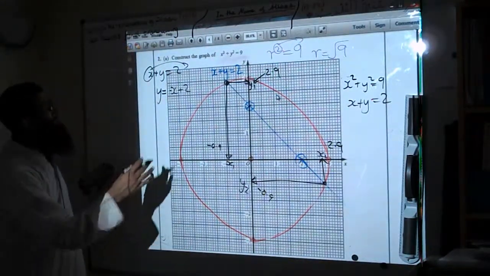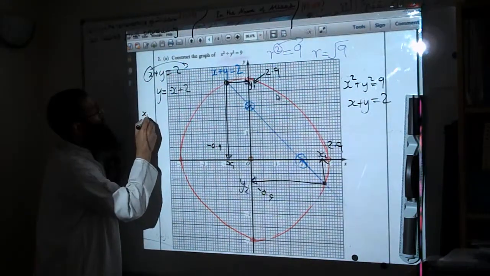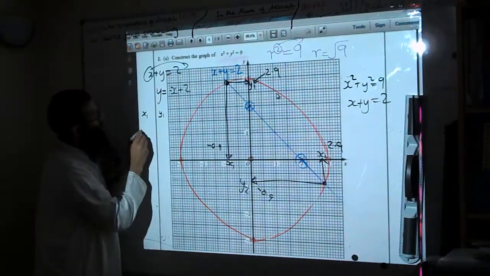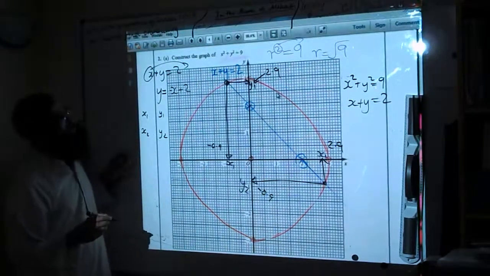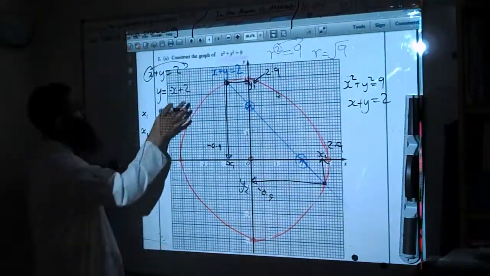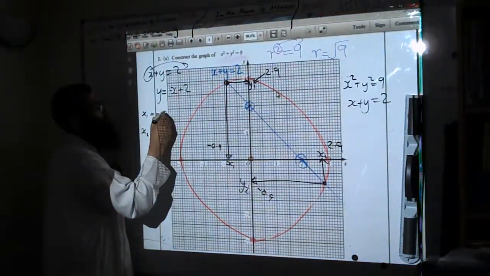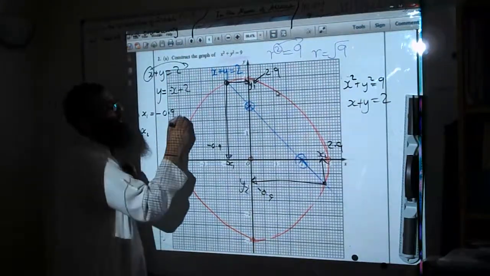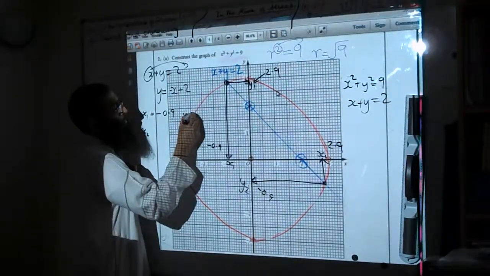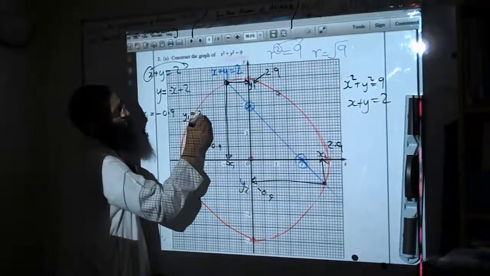Yeah. Okay, I'm writing the answer down over here as a solution set: x1, y1, x2, and y2. What was x1? x1 was minus 0.9. And what was the corresponding y value? y1 was equal to 2.9.